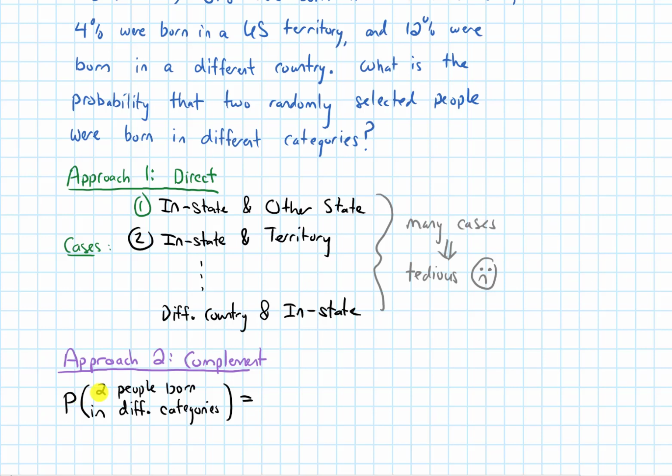Using the complement, this would be equal to 1, which is the probability of the whole sample space, minus the probability of the complement. So the complement of the event that these two people were born in different categories would be that both were born in the same category.